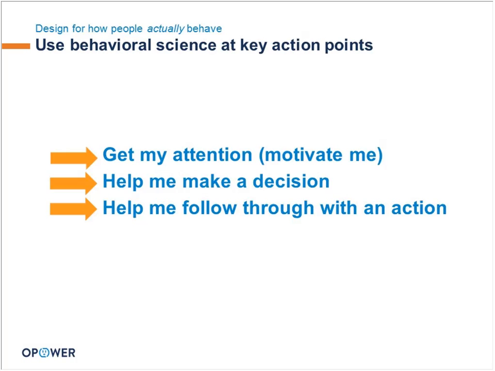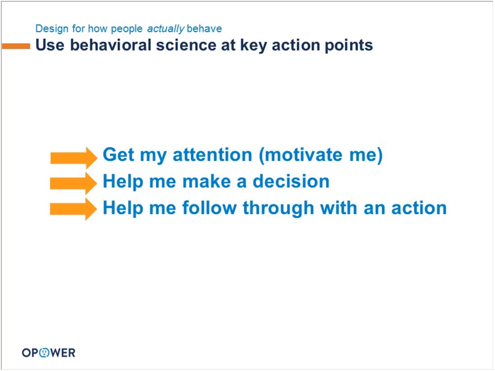So how we do that more practically is, as designers, we look at the key action points that we're asking users to take. And in any of these 3 action points, we're able to apply a host of behavioral science techniques.